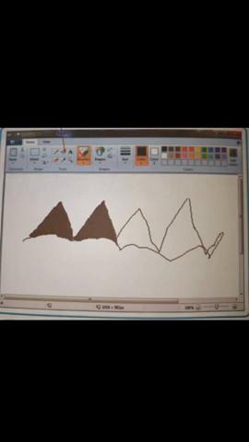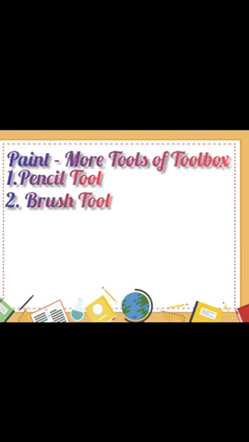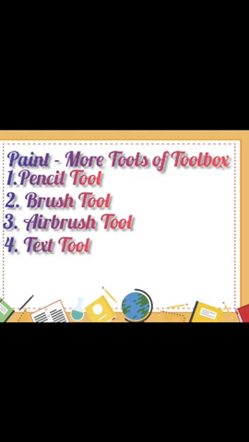So students, everyone has understood this chapter, Paint, More Tools of Toolbox. So now tell me the different tools of the Paint program. Yes, first is the pencil tool. Second, brush tool. Third, airbrush tool. Fourth, text tool.